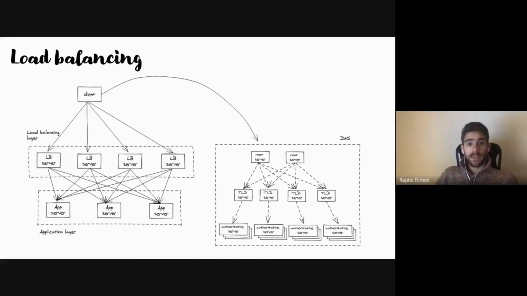So the first example we will look at is load balancing. It's one of the first problems an application has to solve, essentially, in order to scale to a larger volume of clients. There are many different ways to solve this problem.